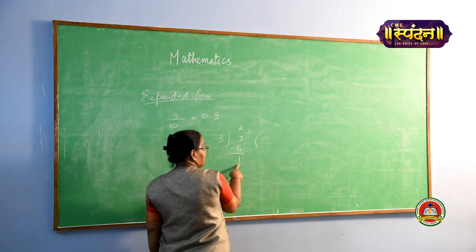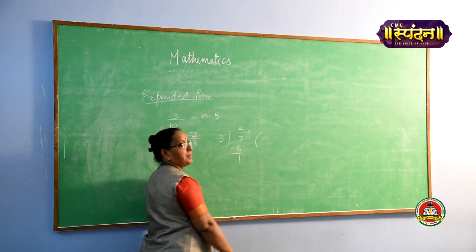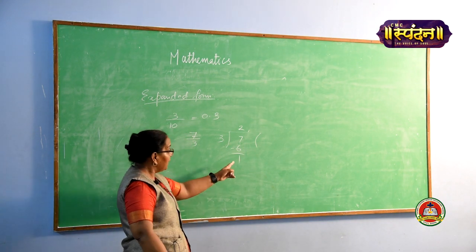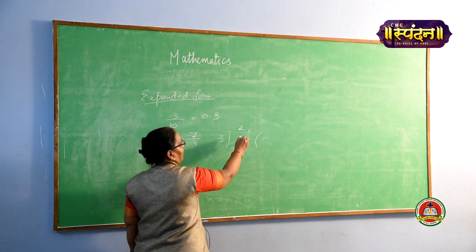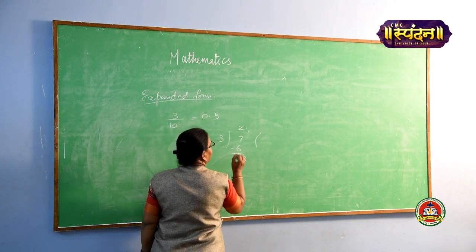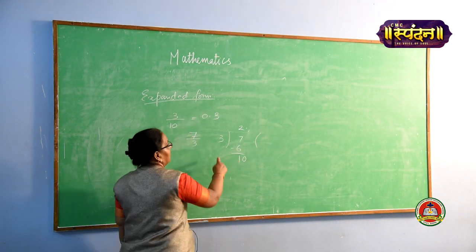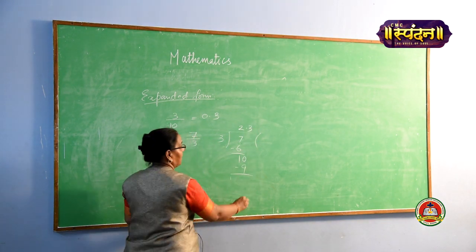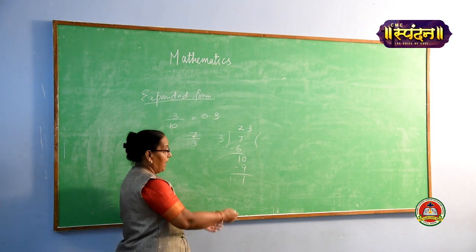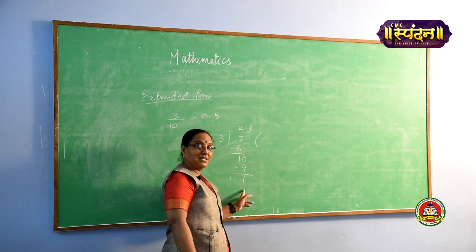After that, this number is smaller and we don't have any number here to copy down. So we need to make this number greater by using a dot, that means decimal. So put the decimal here and then this is 0. Then 3 3s are 9. Again subtract, it will come as 1. Now again this number is smaller.